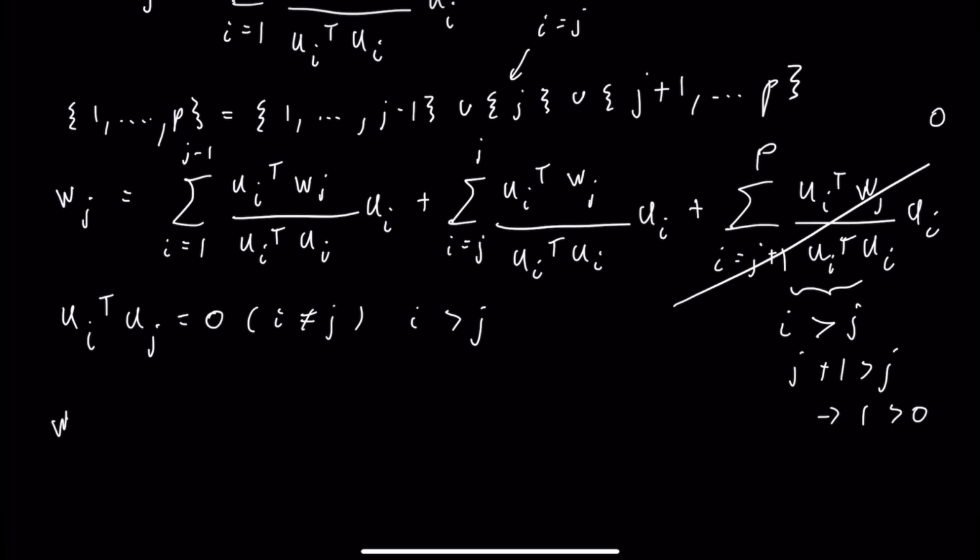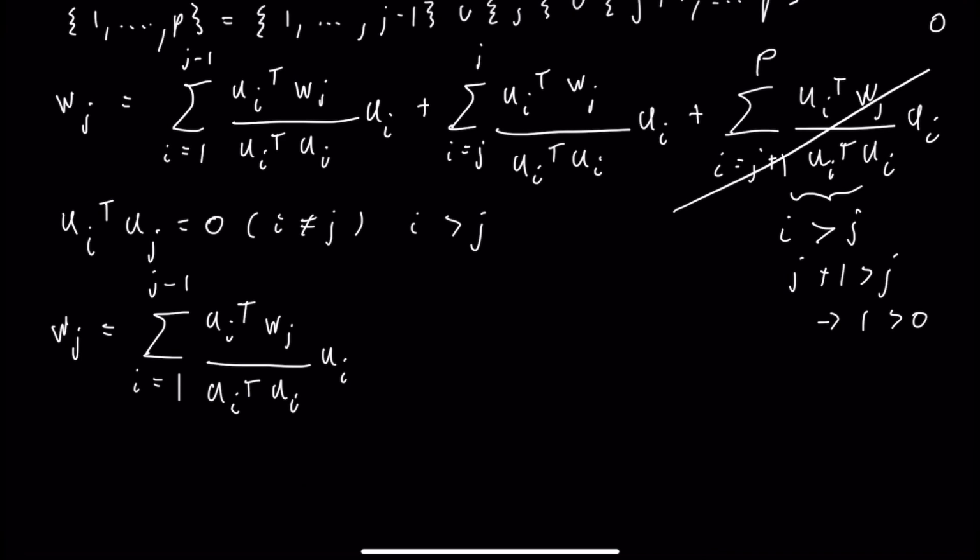And so Wj is the sum from 1 to J minus 1 of UI transpose Wj over UI transpose UI times UI.